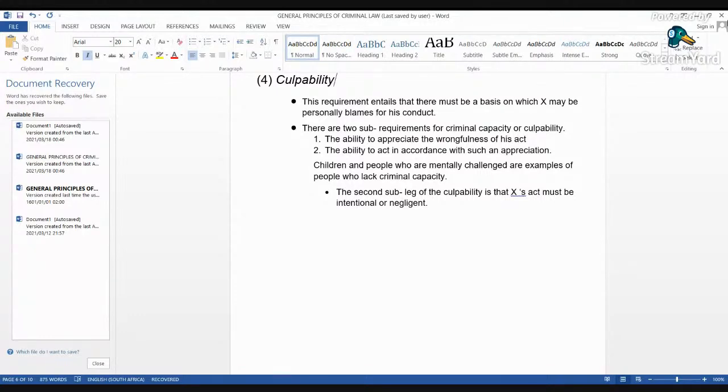And when we speak of negligence, we're saying that you had a legal obligation to act in a certain way, but you did not. Hence, you will still be found to be criminally culpable, even though you did not do something, because of your negligence.